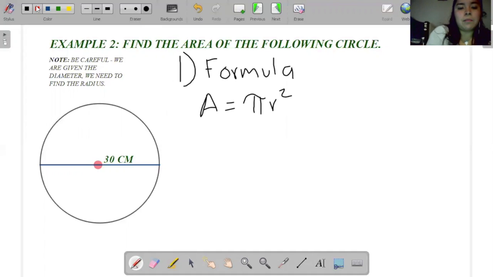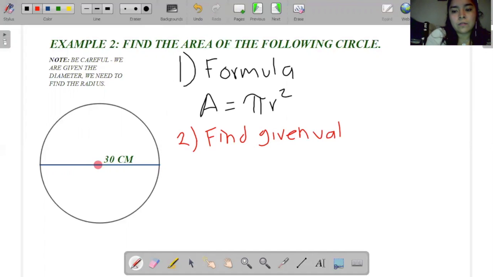Our second step is find given values and substitute.